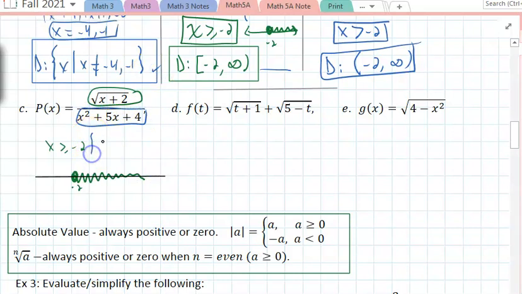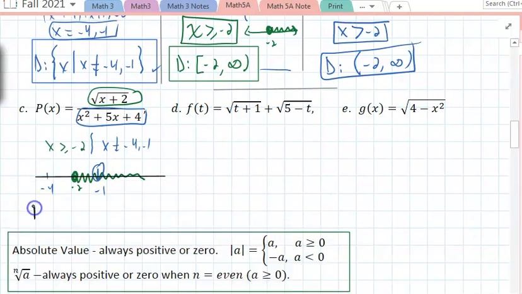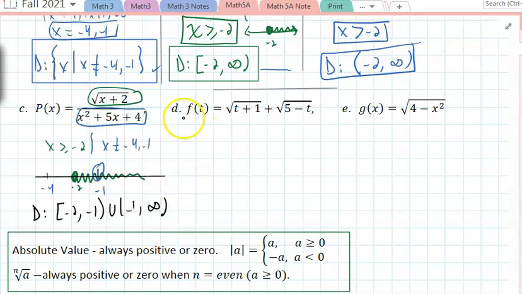We know that x cannot be negative 4 or negative 1. So when I say a domain and there are multiple restrictions, I want the domain to satisfy all of them. How would you say that? Well, we would say, look, go from negative 2 to negative 1, don't include it, and then from negative 1 to infinity. So anytime I have multiple restrictions on the domain, a sketch will do the trick.